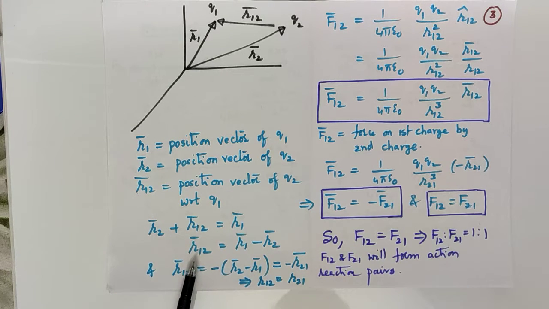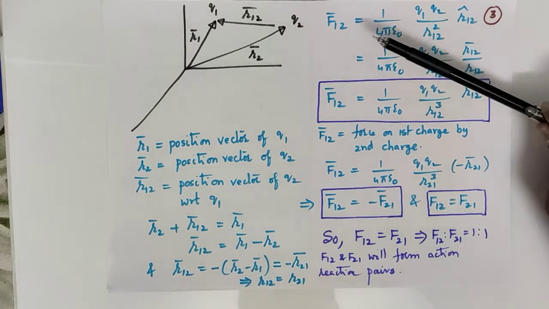So R12 bar can be written as R1 bar minus R2 bar. So R12 bar is equal to, taking minus common, minus R21 bar. That means R12 bar is equal to minus of R21 bar. If I take the magnitude on both sides, we will get R12 is equal to R21.